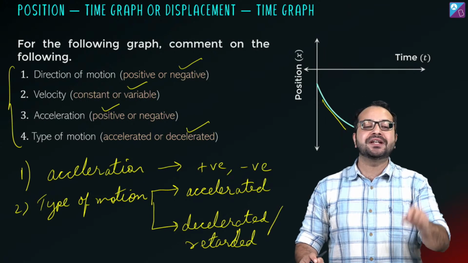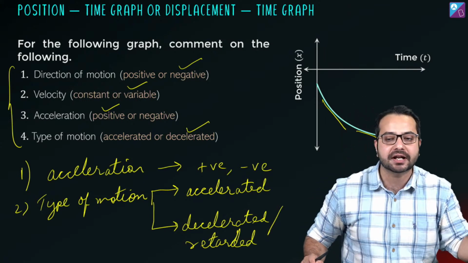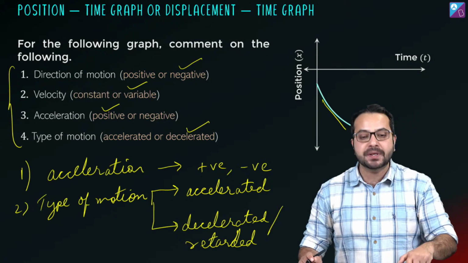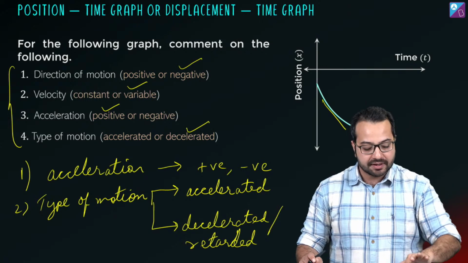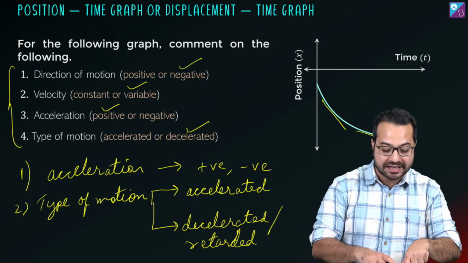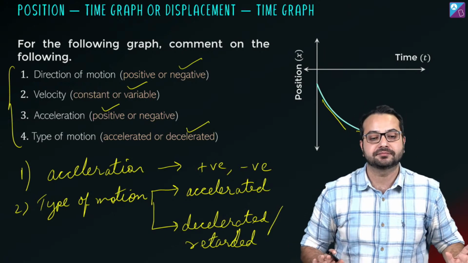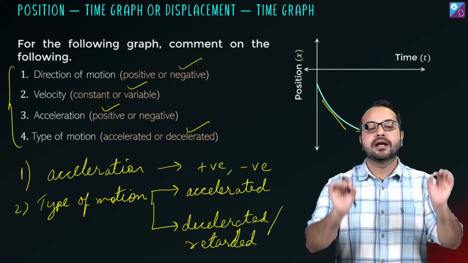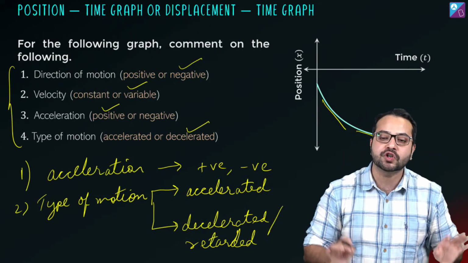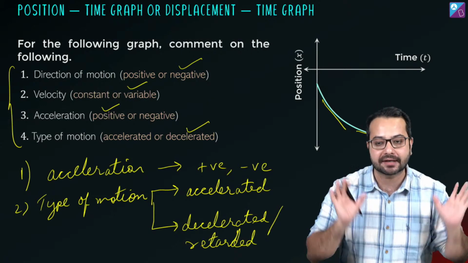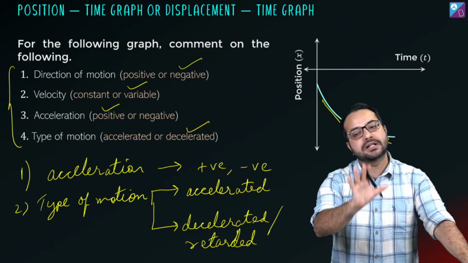And if the speed is decreasing, I don't care about the direction of acceleration. If the speed is decreasing, then it is going to be a decelerated or retarded motion. Both mean the same thing. Okay? Decelerated or retarded motion, it means the same thing. Is that correct? अब clear है?